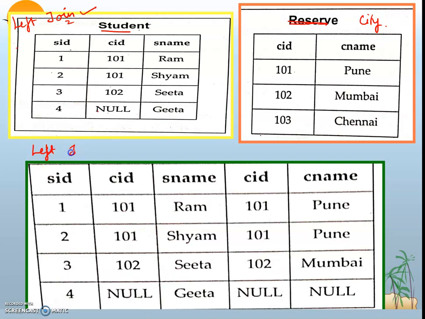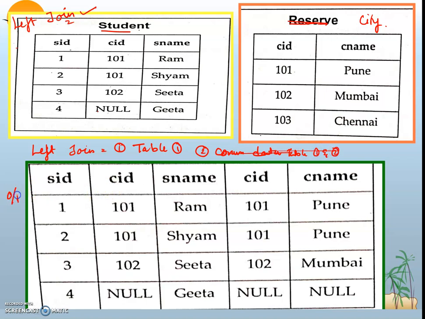What output do I get in the left join? Please recall, first I am going to get the complete left table, that is table number 1, and second I am going to get the common data from table 1 and 2.